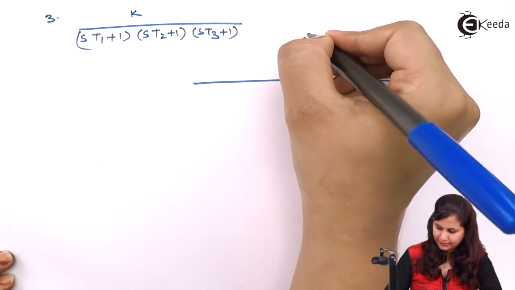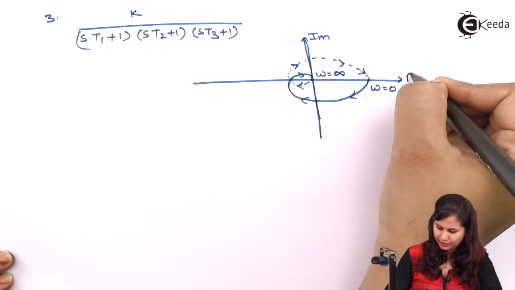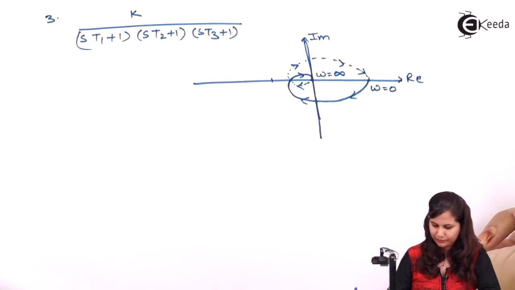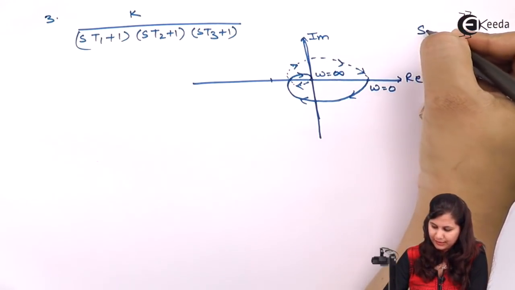This is the imaginary axis, real axis, and this is the point -1 + j0, so the system is unstable.